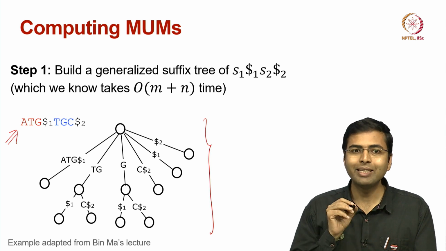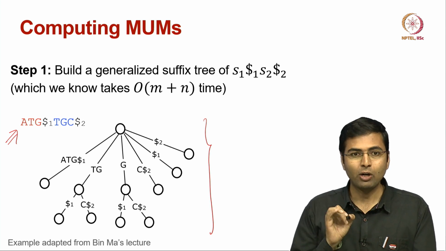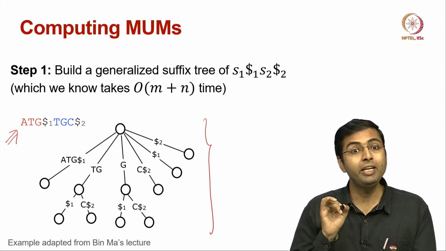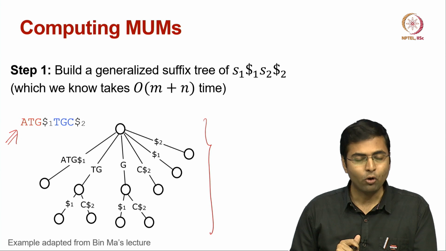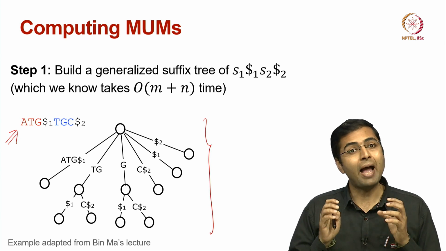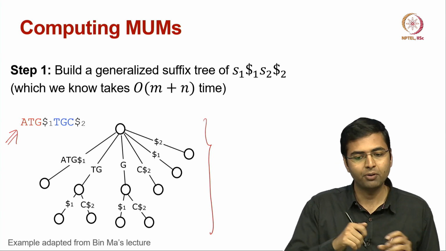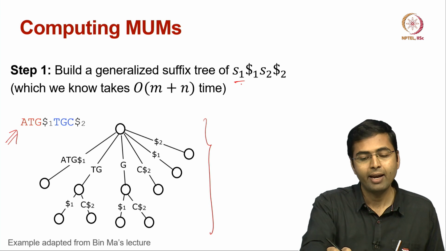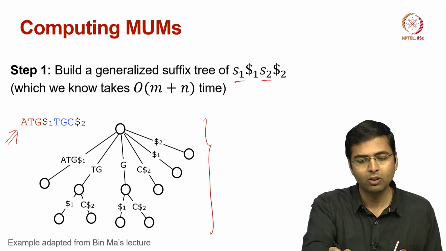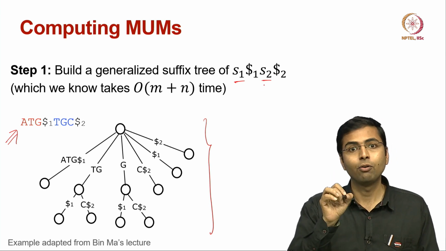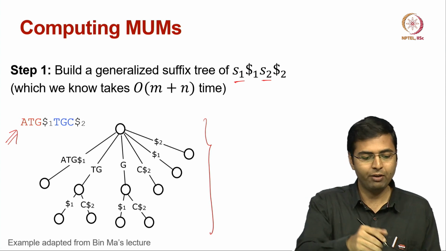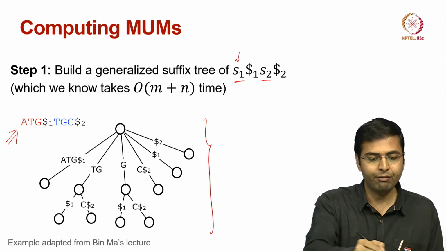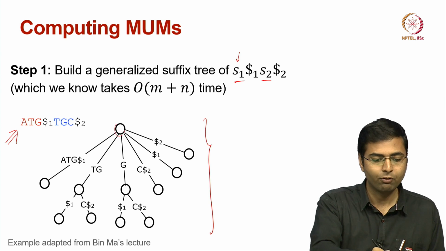Now, we have to somehow use this suffix tree to compute all maximal unique matches. Remember that we are again going to use the fact that every substring of sequence 1 and every substring of sequence 2 will be a path from the root onwards.